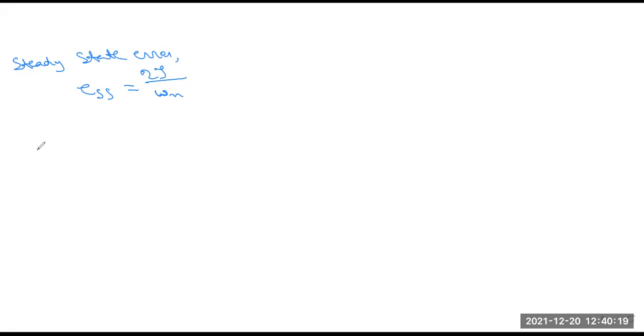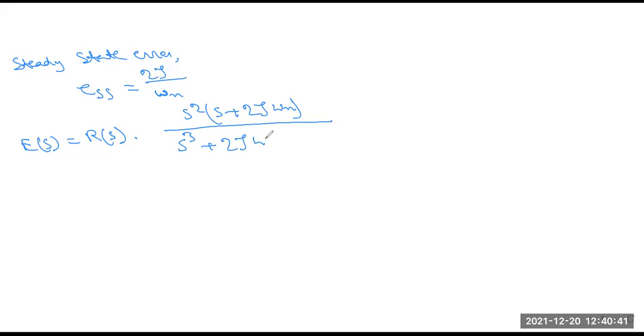This is E(s), this is equal to R(s) into S square (S plus 2 zeta omega n) by S cube plus 2 zeta omega n S square plus omega n square S plus Ki, sorry, this is omega n, okay, Ki into omega n square.